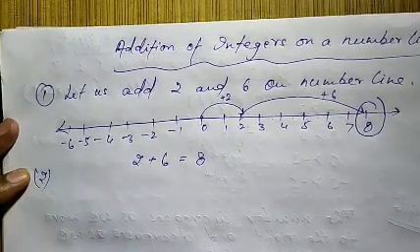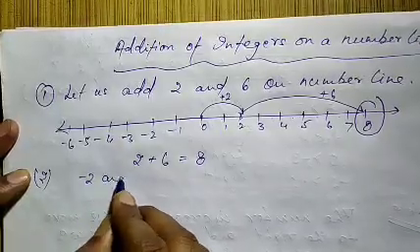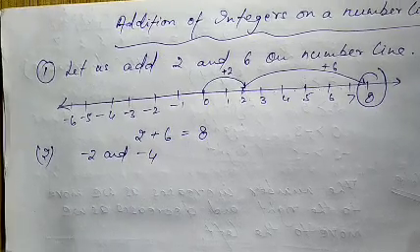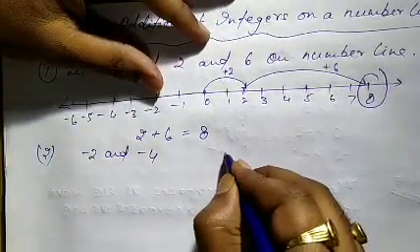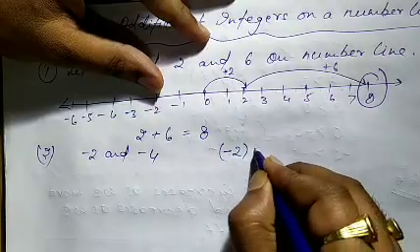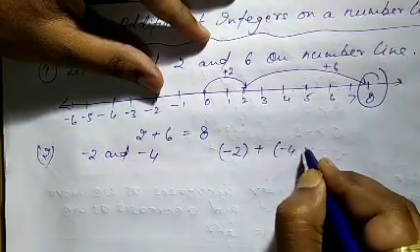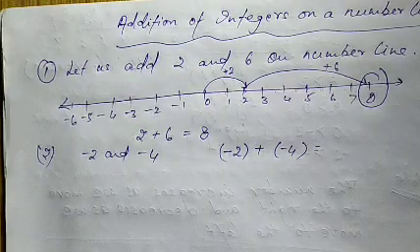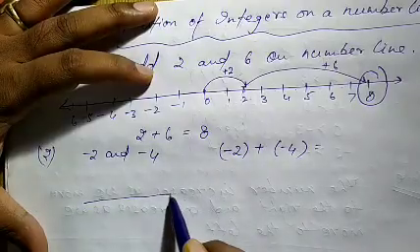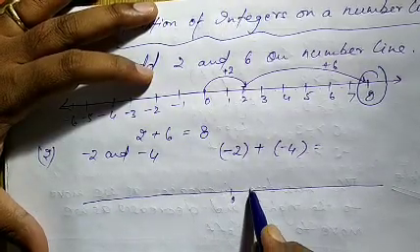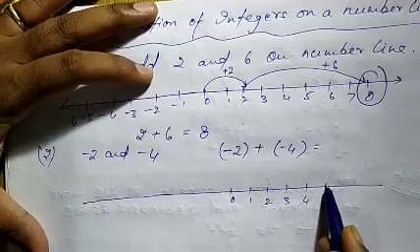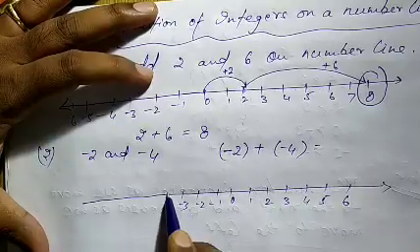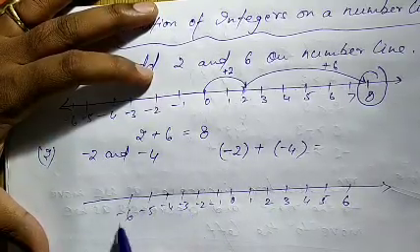Suppose the second one: add -2 and -4. Similarly, see, 0, 1, 2, 3, 4, 5, 6, -1, -2, -3, -4, -5, -6, and so on.